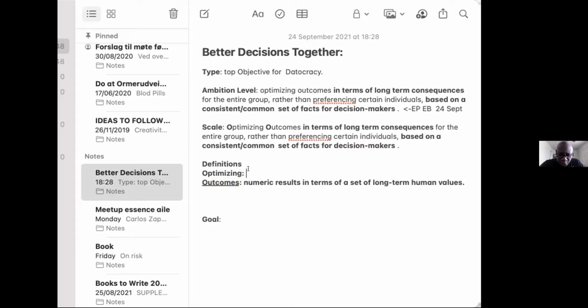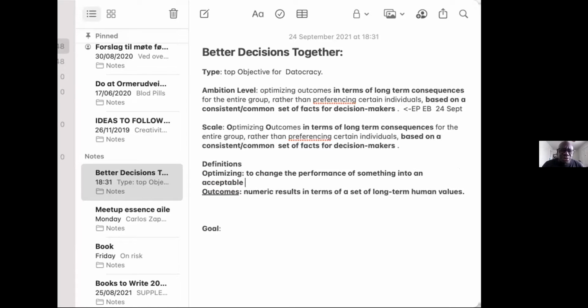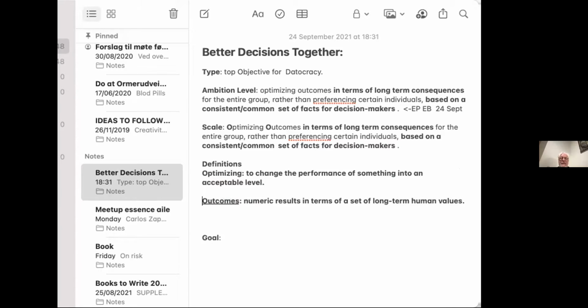Optimizing is to narrow... to change the performance of something into an acceptable level. What is acceptable? It depends on what the thing is, but yeah, let's use those words. To change the performance of something into an acceptable level.